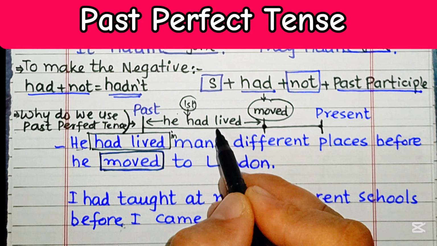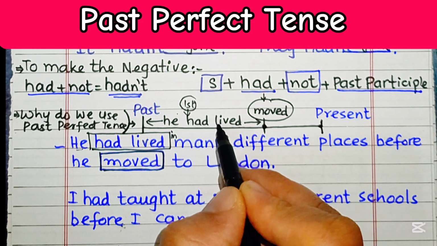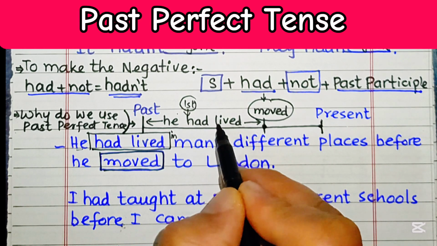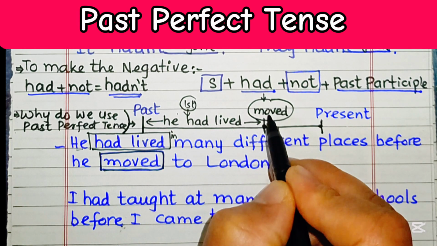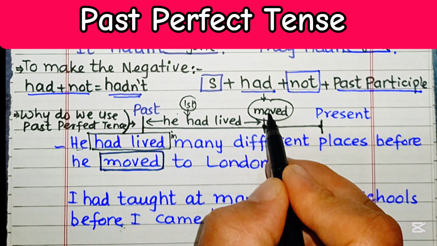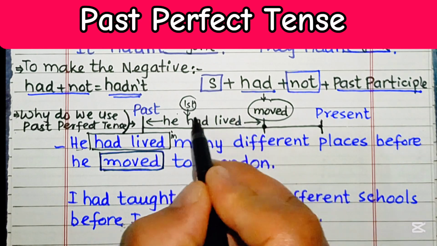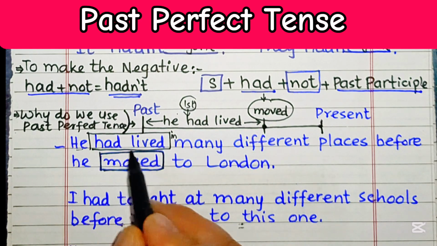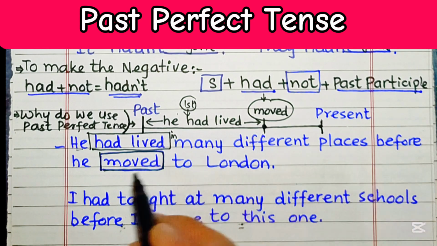Had lived takes place here, before this past action moved, going back to some previous past action. So moved is the past action, and this is something that had happened earlier in the past. So the sentence is: he had lived in many different places before he moved to London.